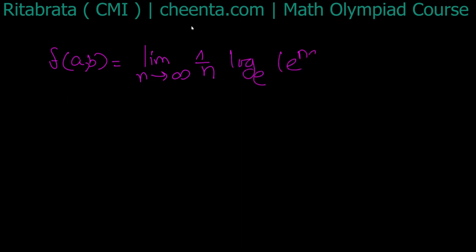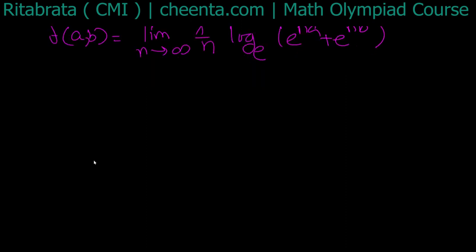We have f(a, b) equal to the limit as n tends to infinity of 1/n times log base e of (e^(na) + e^(nb)). Now to solve this, let's first assume without loss of generality that a is greater than or equal to b.